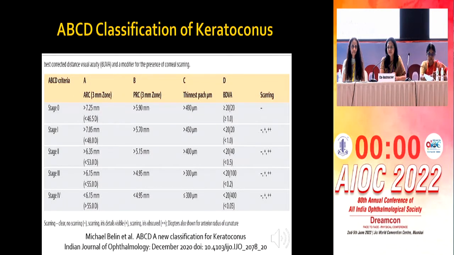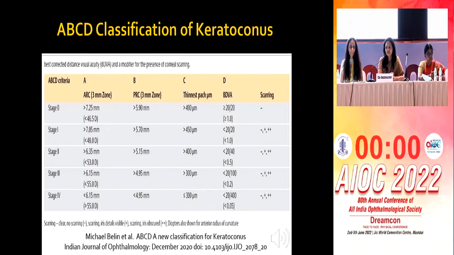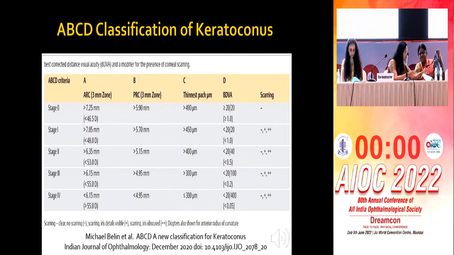There are several excellent classification systems of keratoconus, and each has its role to play. In the current context of this instruction course, in present day times, I would like to highlight the ABCD classification described by Michael Belin et al.